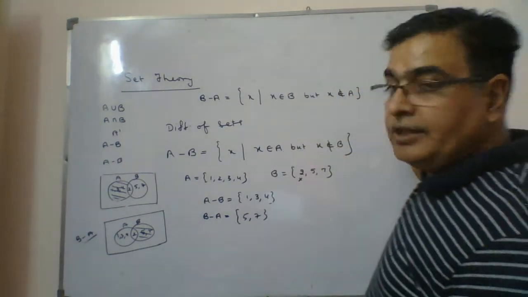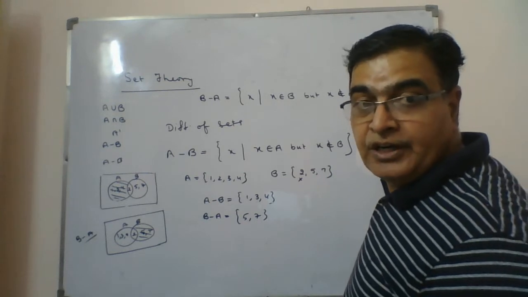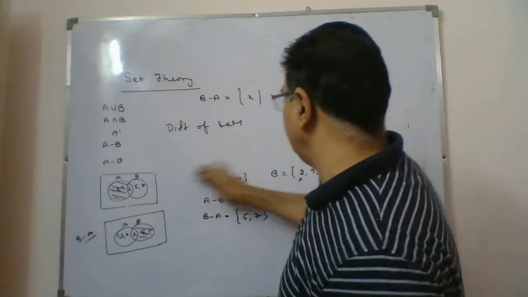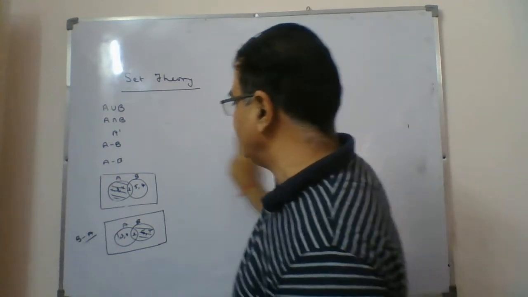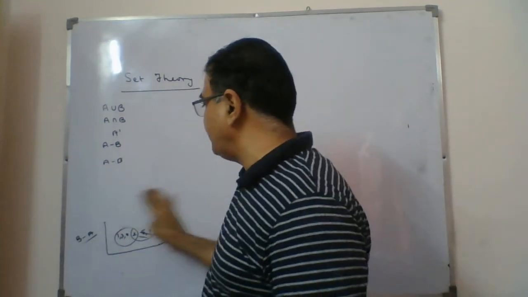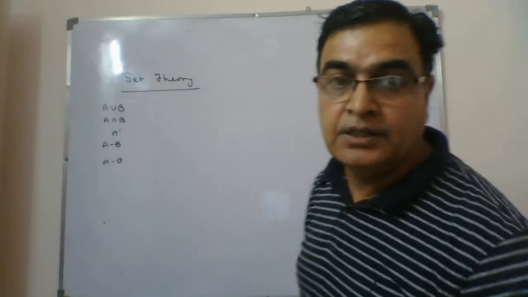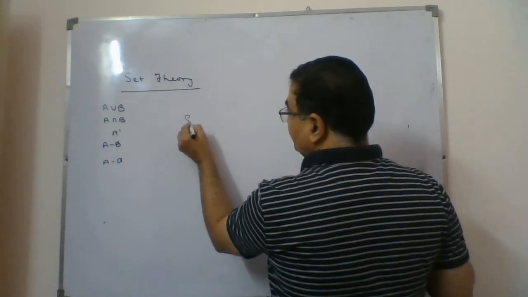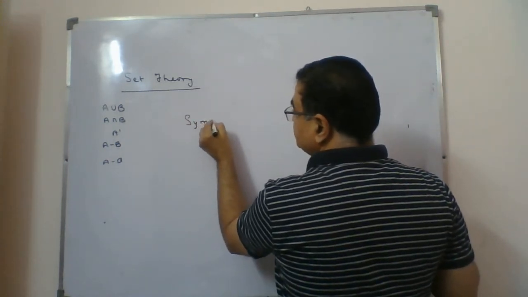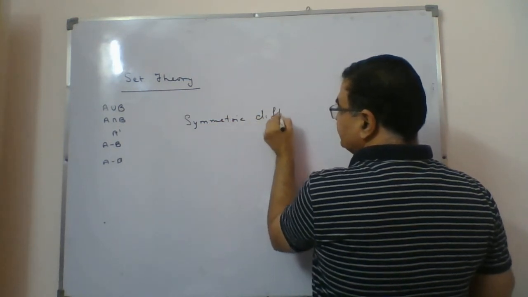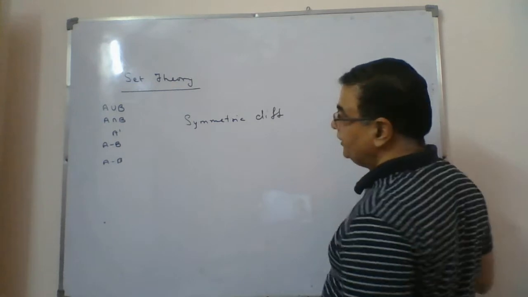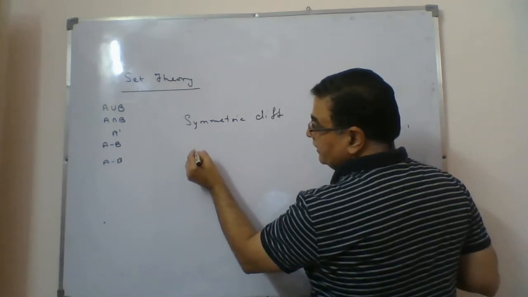One more operation is there, that is called symmetric difference. That is not given in NCERT, but you should know this. It's a very simple thing, not a difficult one, because A minus B and B minus A we have already done. So, symmetric difference. What does symmetric difference say?